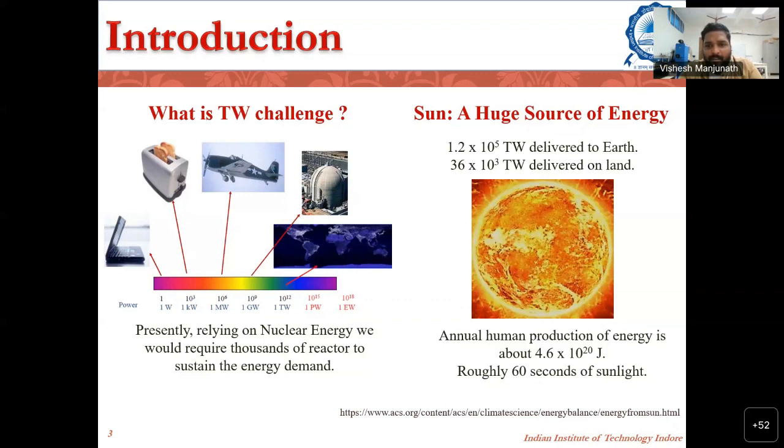Annually we consume around 4.6 x 10^20 joules of energy, and this is roughly 60 seconds of the sunlight which reaches the earth, if we can tap all of it. So it is very important to tap it efficiently, tap the complete spectrum of energy coming from the sun and convert it into useful energy, and we can solve this terawatt challenge.